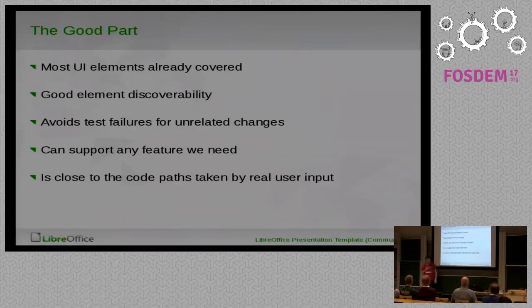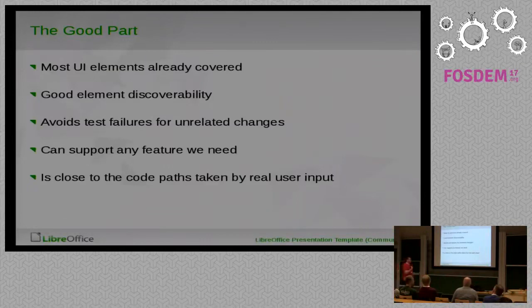That also helps in that we don't have any test failures if you just change the dialog a bit. If our UX guys decide once again, let's redo the dialog, as long as they keep the ID, the test will still work. Because it's our own code, we can support any feature that we have in LibreOffice for users.